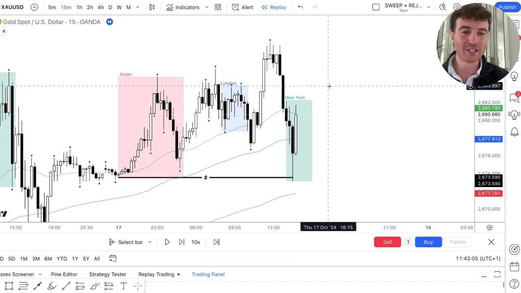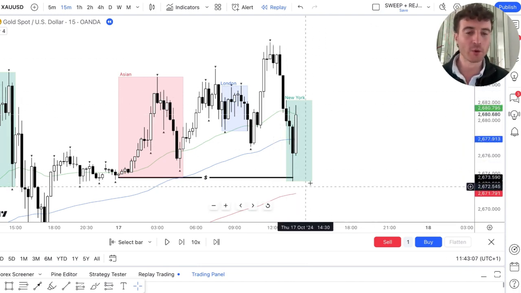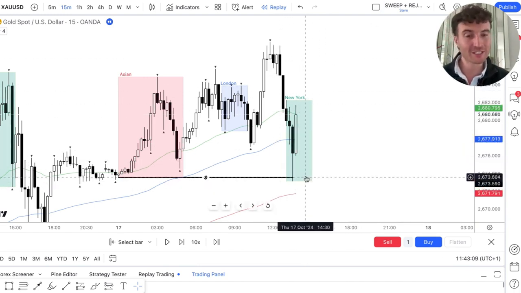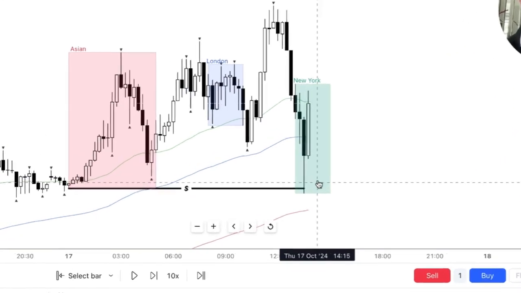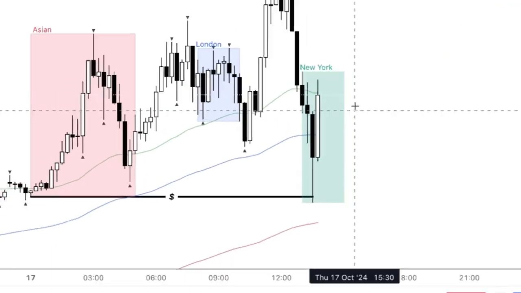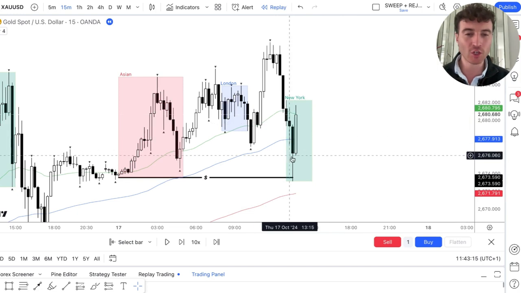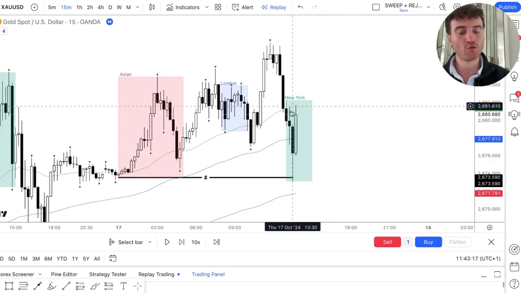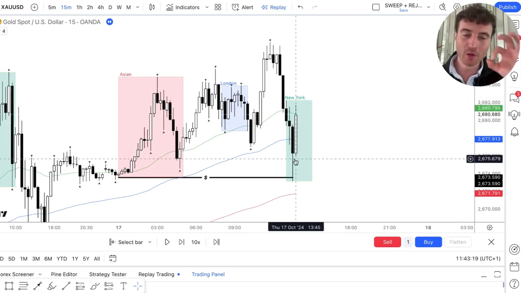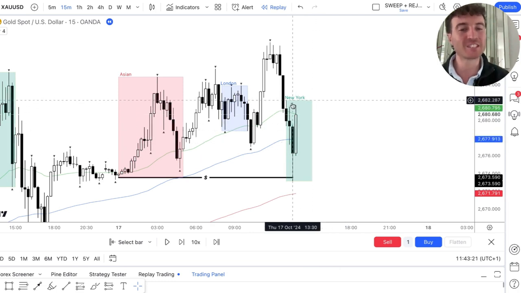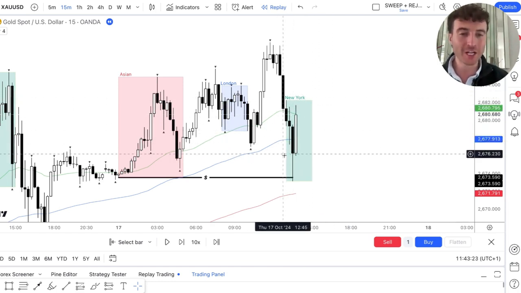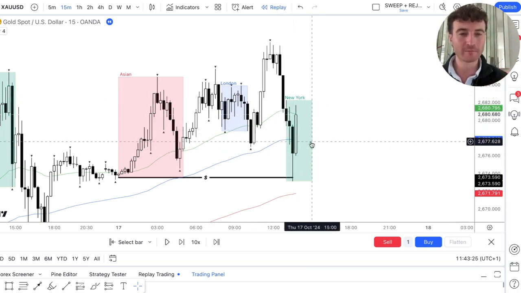So what you can see right here, once we sweep that sell side liquidity during the New York kill zone, we get an injection of bullish pressure right here. So step number three is simply identifying this injection of bullish pressure.